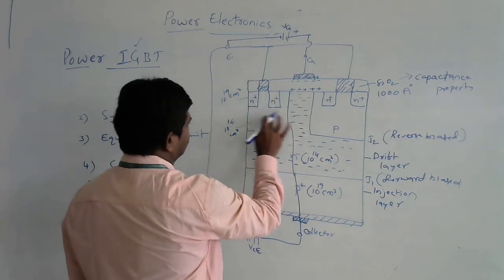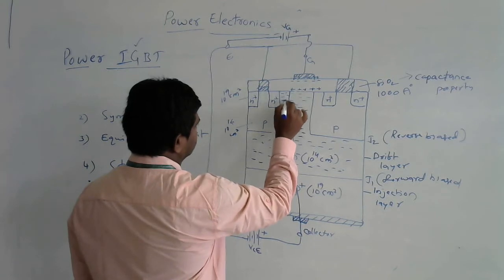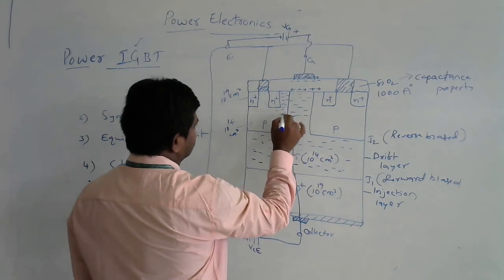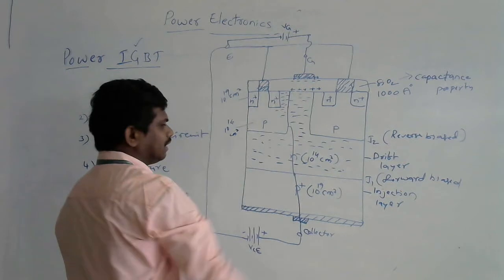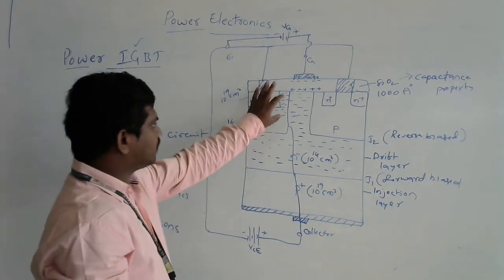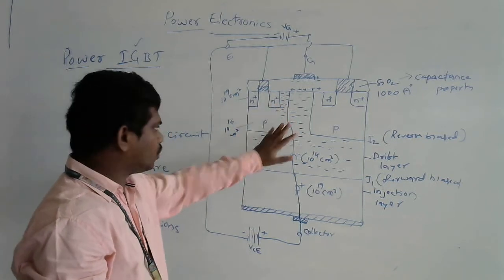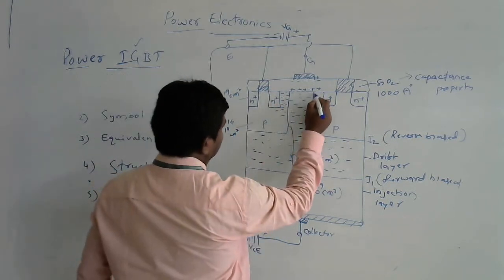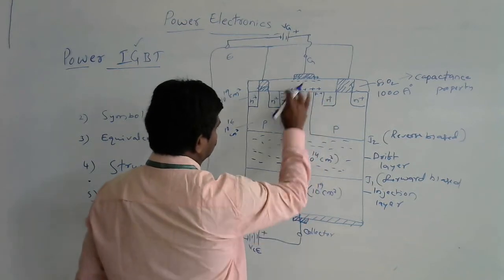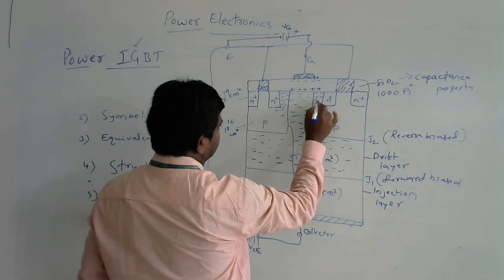Here a negative charge takes place. Once you increase the gate voltage, based on the gate voltage values, an N channel forms because of electrons. Here also, on either side of this portion, there is a creation of a channel like this.